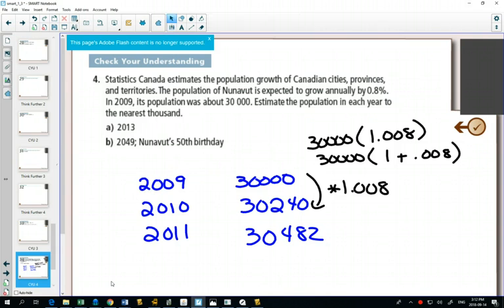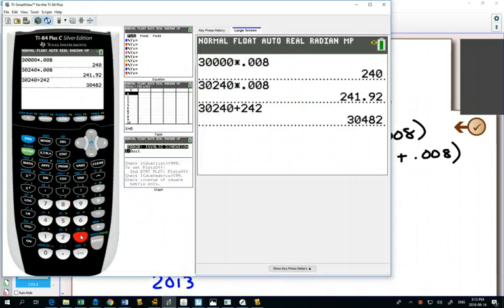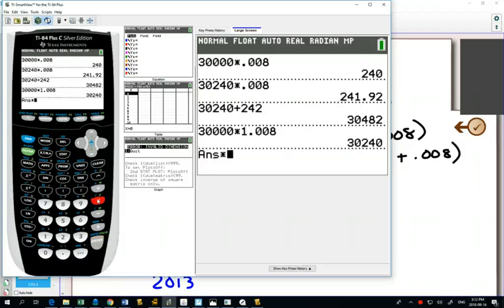So now I've got 2011, 2012, 2013. So I'm going to start off. There was 2009 times 1.008. That was 2010. Multiply that by 1.008.